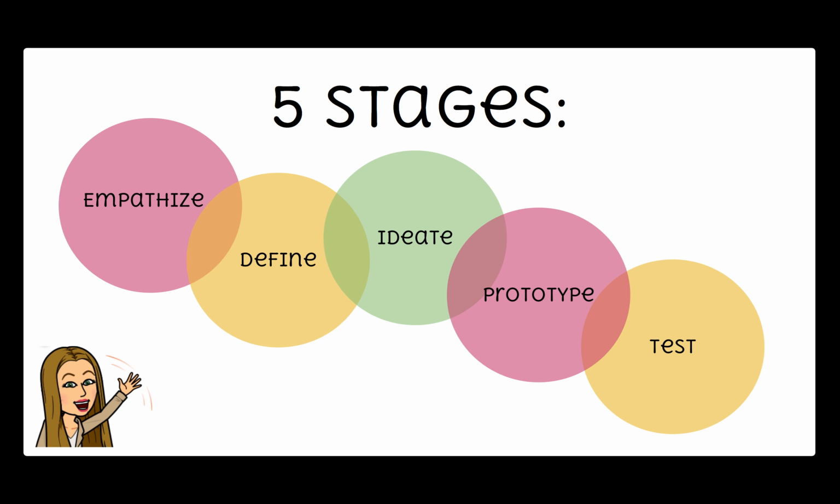The traditional design thinking process, popularized by the Stanford D School, consists of 5 main stages: empathize, define, ideate, prototype, and test. While this is the gold standard structure to the design thinking process, I like to use a slightly different structure when teaching remotely.